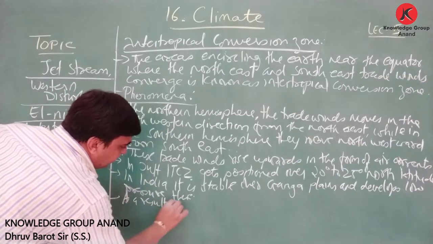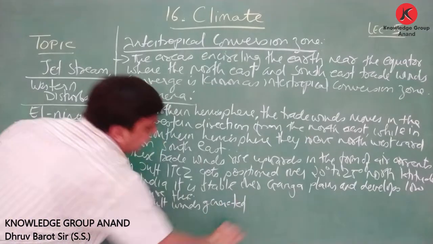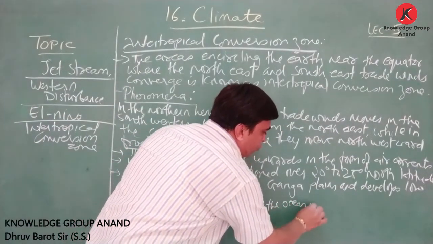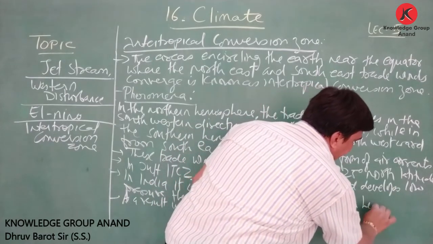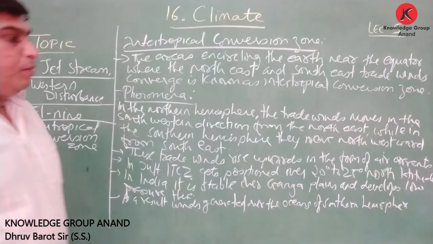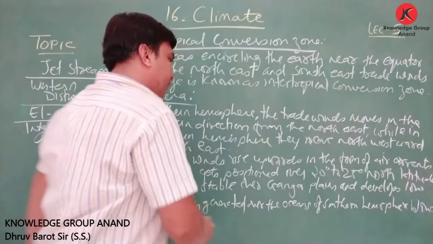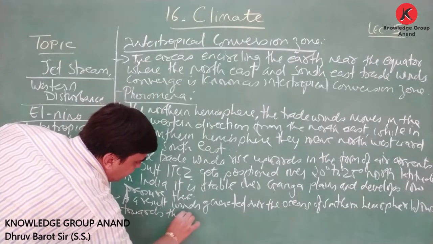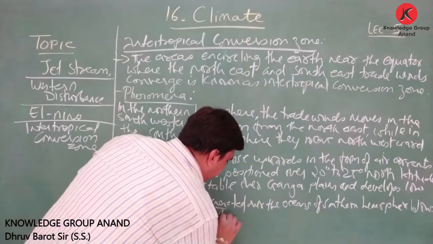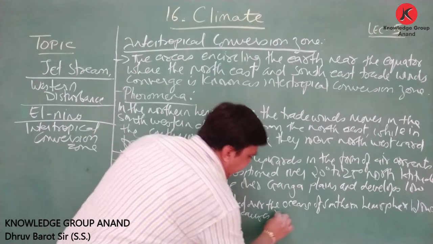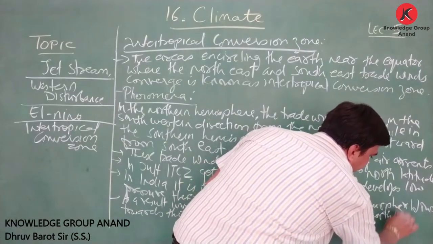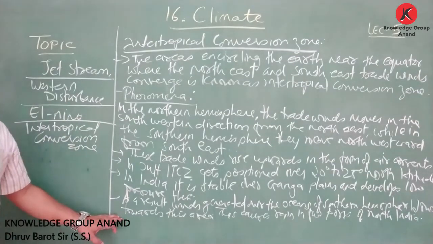As a result, winds generated over the oceans of the southern hemisphere blow towards this area. This causes rain in few parts of North India.